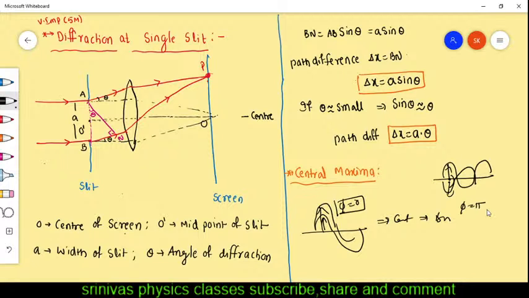If the phase difference is 180, you will get the dark band. This is the destructive interference. Phase difference pi means a dark band will form, and phase difference zero means a bright band will form.